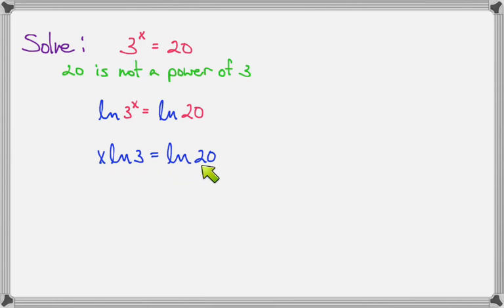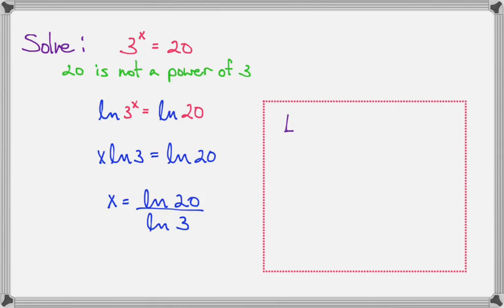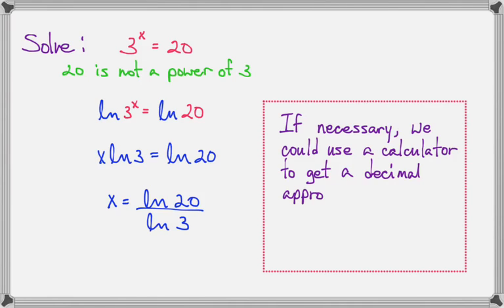Okay, now we have just a plain old equation. It doesn't look very plain to you probably because we have these logarithm expressions, but it's true that ln 3 is just a number. It's not a whole number, but it is just a number. So if you divide both sides by ln 3, you'll get this, ln 20 over ln 3. And now, if you want to get a decimal approximation, get your calculator and punch in ln 20 divided by ln 3.